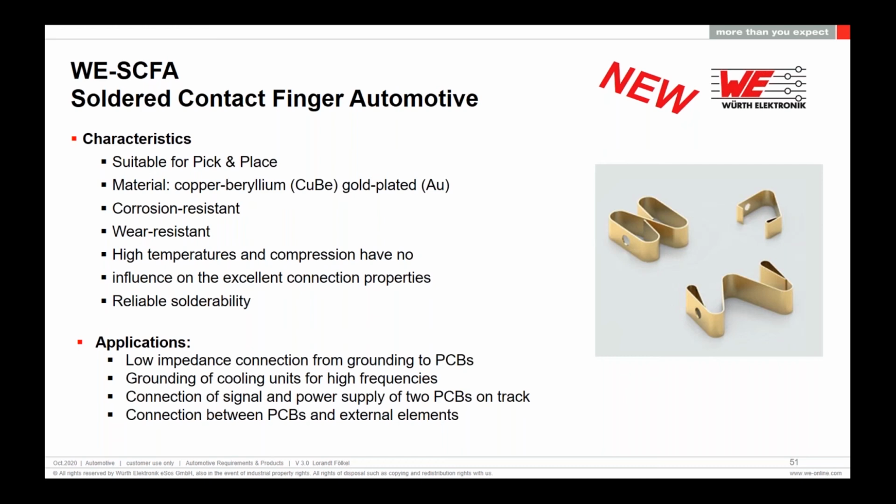We changed that to this contact finger on the PCB on the top. Just put some gold plating on the contact surface, and it is much lower cost, much more reliable, very easy to assemble, pick and place from tape and reel, and very low DC resistance.